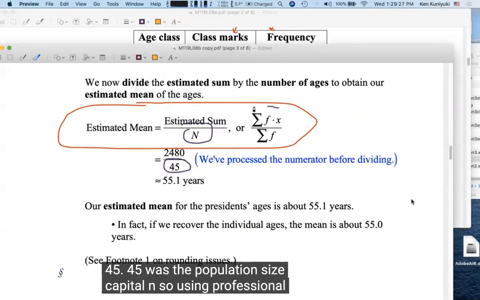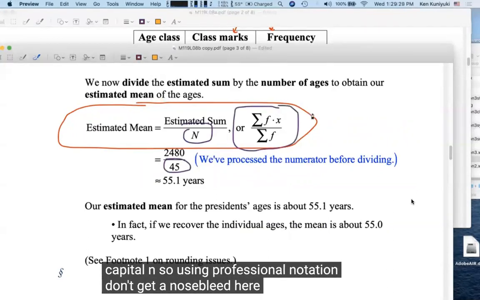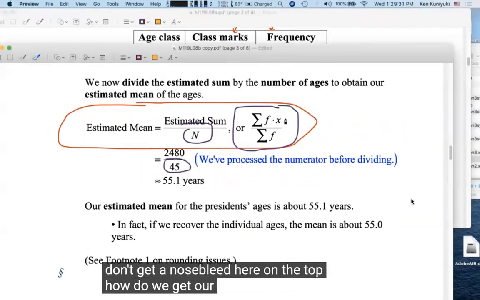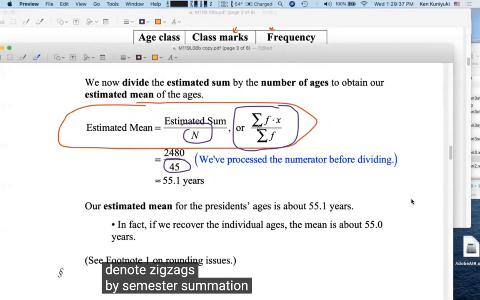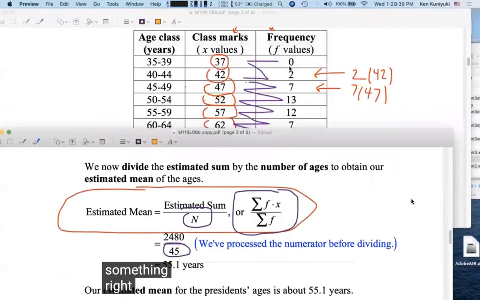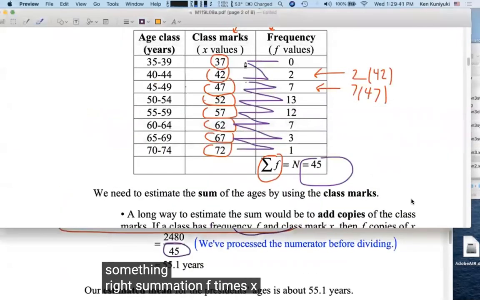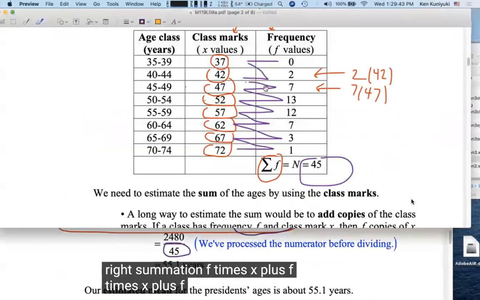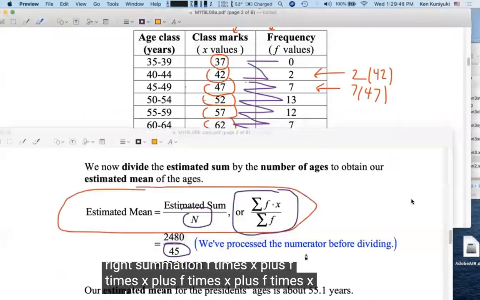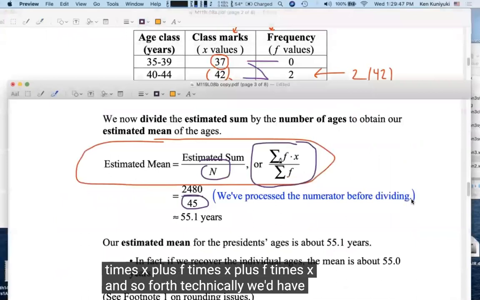So using professional notation, don't get a nosebleed here. On the top, how do we get our estimate for the sum? It was from that zigzag. And we often denote zigzags by summation something times something, right? Summation f times x plus f times x plus f times x plus f times x, and so forth. Technically, we'd have subscripts.